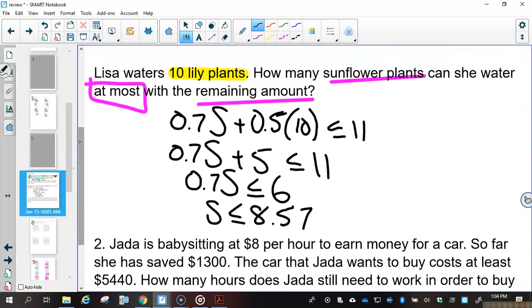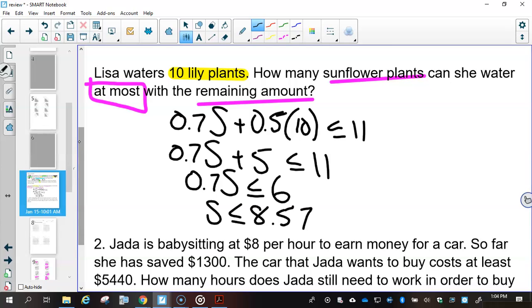Does this make sense for the amount of sunflower plants? Shouldn't we subtract 5 from 11? We did. We subtracted. We get 6. Would you round it to 9?